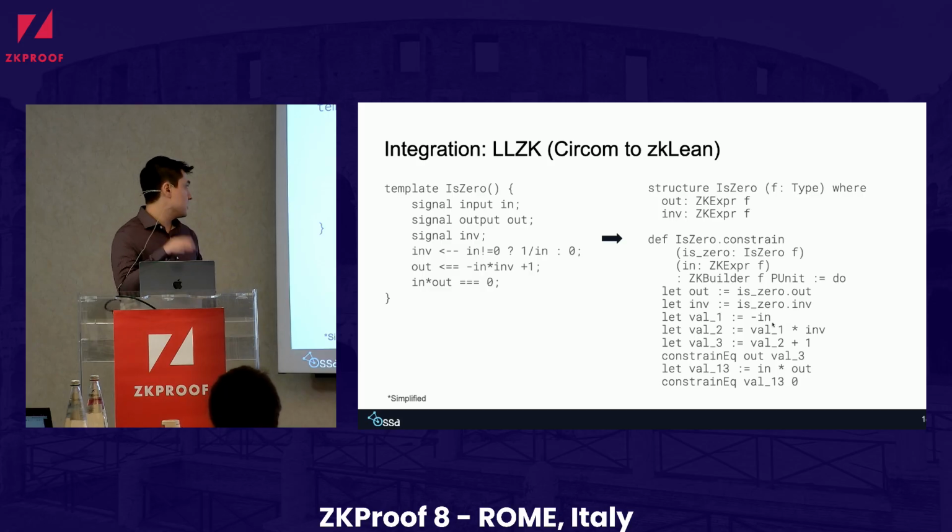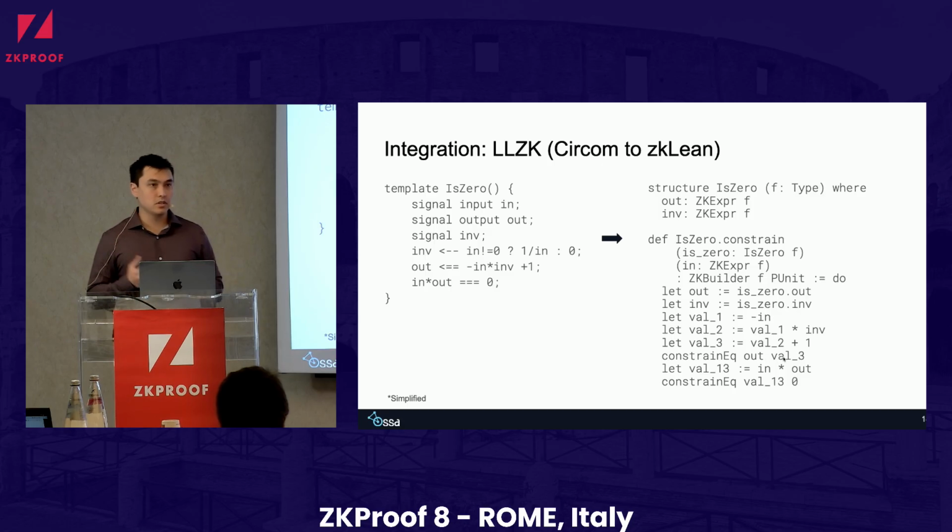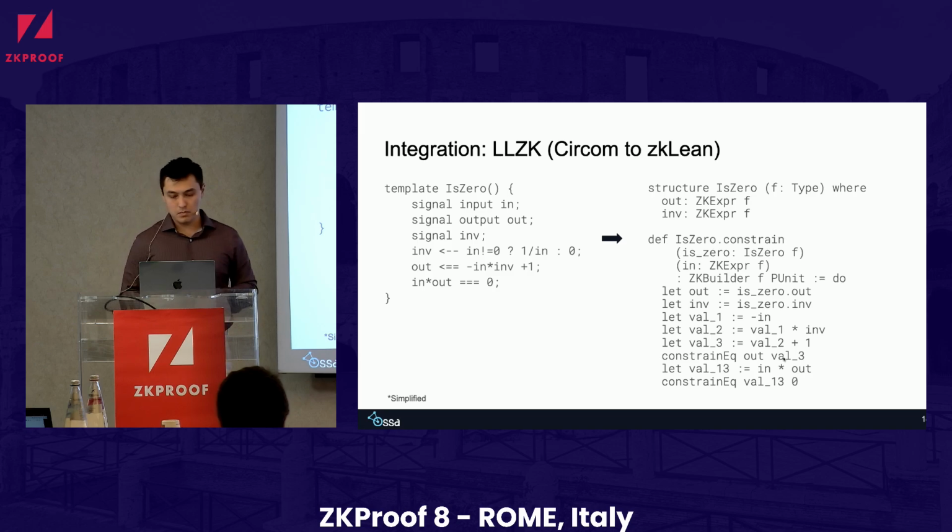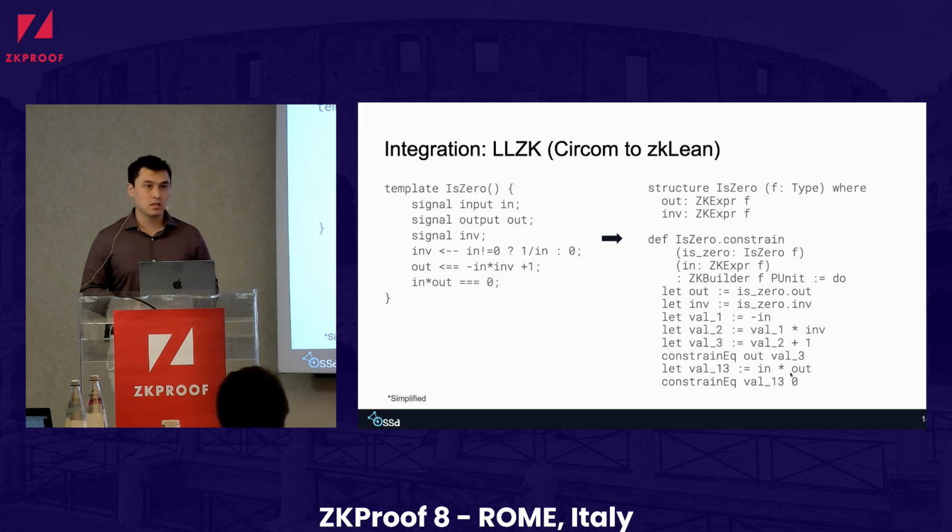It's a little more laid out since it's automatically generated, and this is also a bit simplified. Here you can see negative input times the inverse plus 1, which you're constraining equal to the output variable. Then you're also constraining that the input times the output is equal to 0. So it's a pretty one-to-one mapping, and you can follow it and make sure that it matches what you expect.